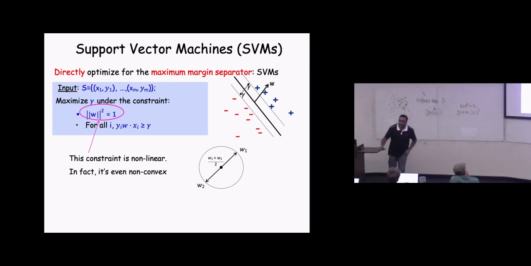We also don't know gamma. We want to maximize gamma, but we have no idea what that maximum value is, right? I mean, that's our goal. So what we can try to do is to divide both sides of this equation by gamma.